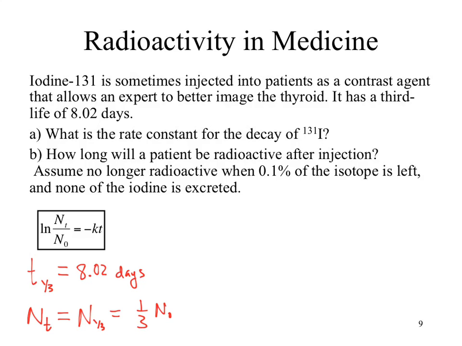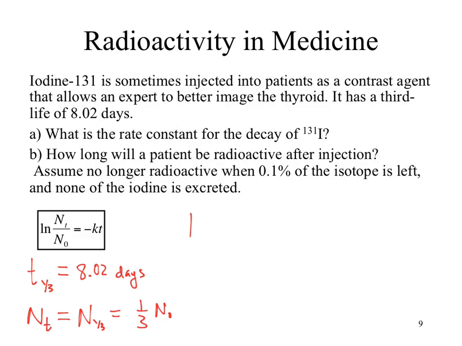With that information, what can I now do? Do we know N sub 0? No, you actually won't be able to figure it out. What do you want to do? Let's plug it in and see what happens. Do we even care about N sub 0?